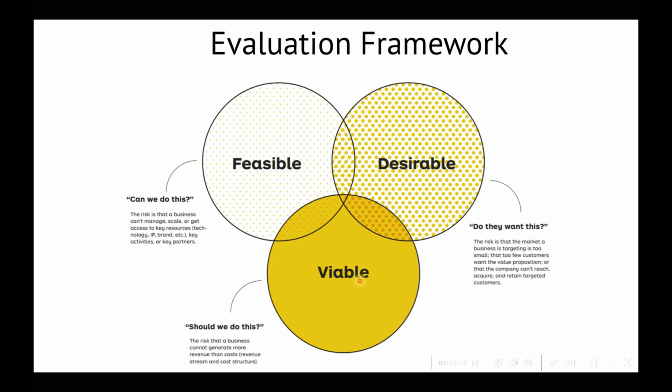Then we looked at the FDV framework, a very quick framework to see whether your idea is really good enough to work on. It should be feasible, it should be desirable to the customer, and it should have good business potential.